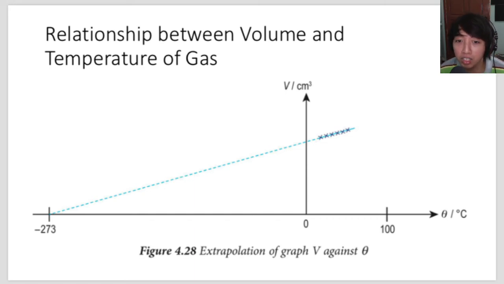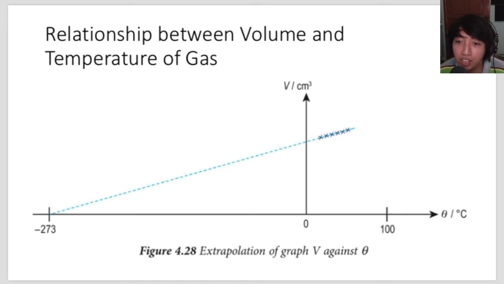By using extrapolation, meaning continuing the straight line all the way down, you find that in theory, the lower the temperature, the lower the volume.